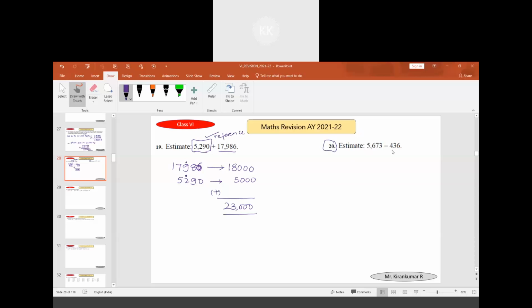Here the smallest number is 436. We have to estimate to the hundreds place. 5,673 will become 5,700, and 436 becomes 400.